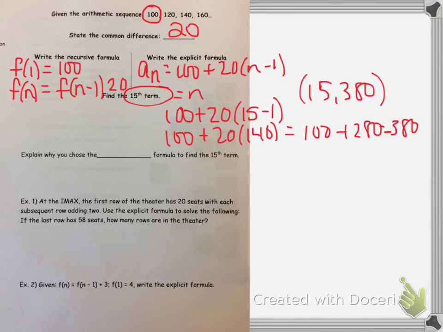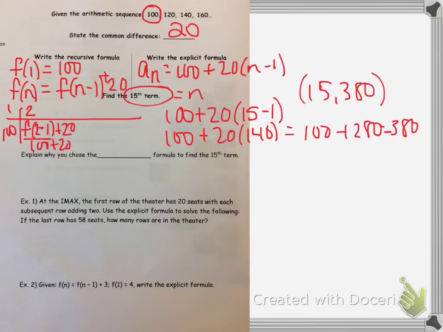The recursive one's a little trickier because you have to continually keep going. So you need to know what the first term is. So I'll make a little table here. First term we know was 100. Well, what's happening to it? We're saying, okay, second term, 2 minus 1, which is 1. The first term was 100, plus 20. I forgot my plus up here.